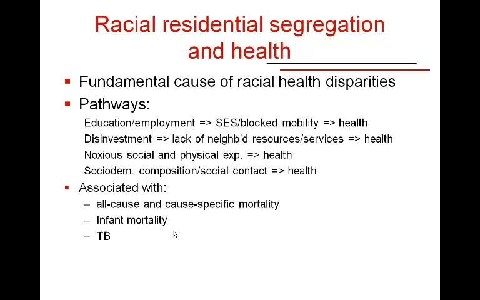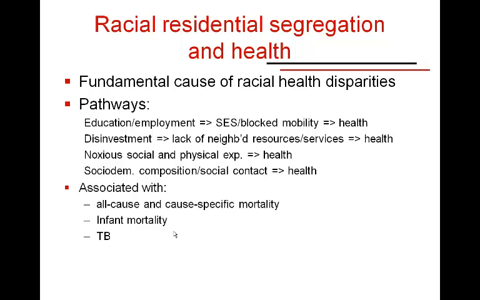And also it has important implications for the sociodemographic composition, obviously, of a given neighborhood, which may then create differential implications for social contact, interaction, and so forth, which may, importantly, not always be negative for health. There is some evidence that ethnic enclaves, for example, which could be characterized as one very specific form of racial ethnic residential segregation, are in some instances good for health or protective for immigrant populations.